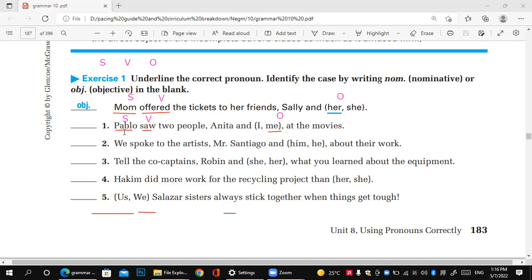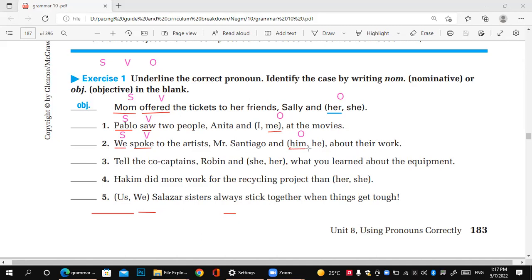We, so "we" is the subject and spoke is the verb. Then to the artists, Mr. Santiago and him. Of course, him, an object.